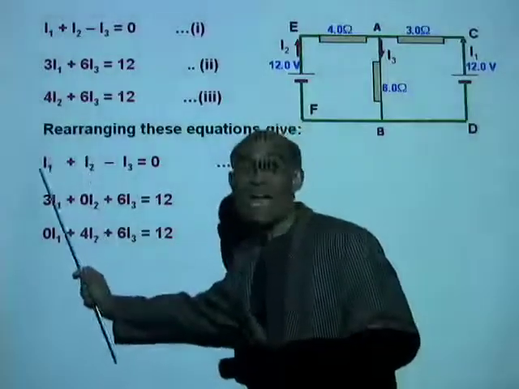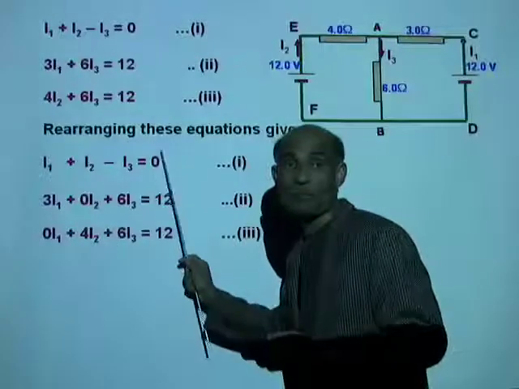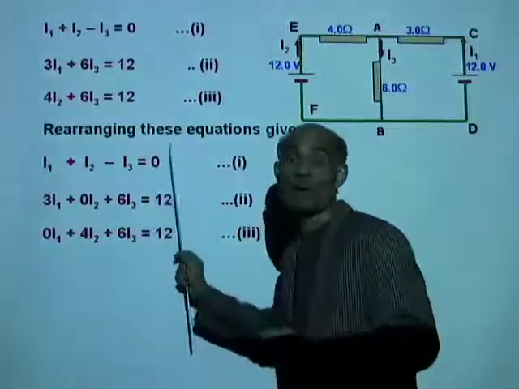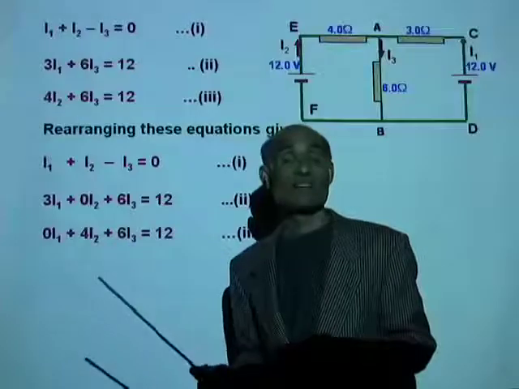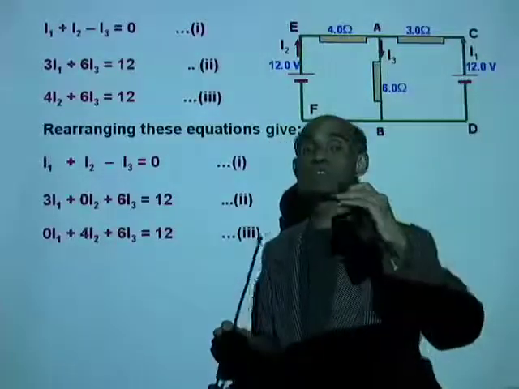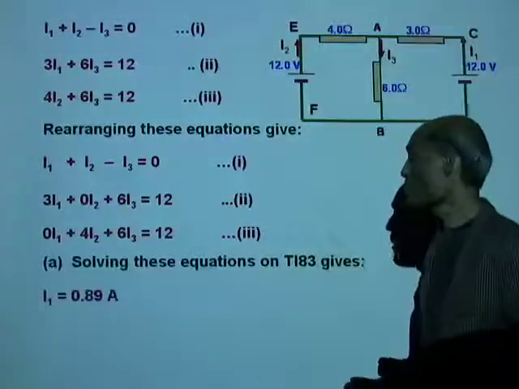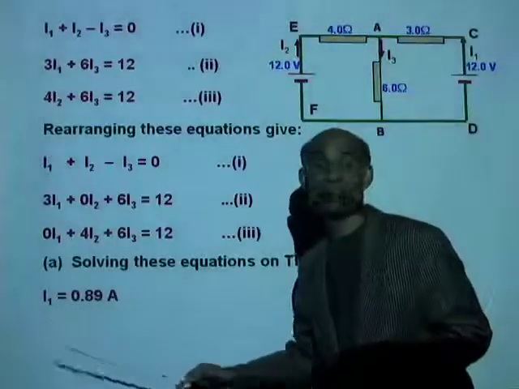Make the matrix A with the coefficients on the left, matrix B with the coefficients on the right, and find the value of A inverse multiplied by B. And when you solve them, you will get these values.